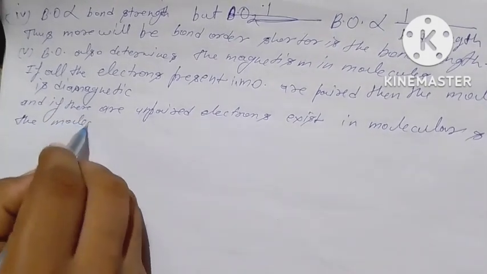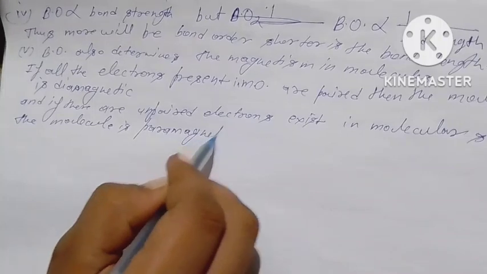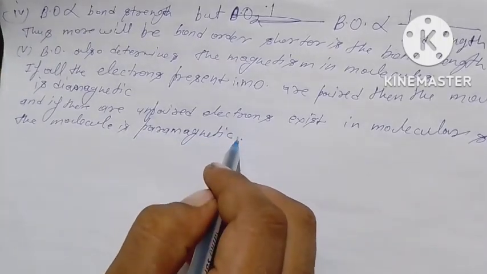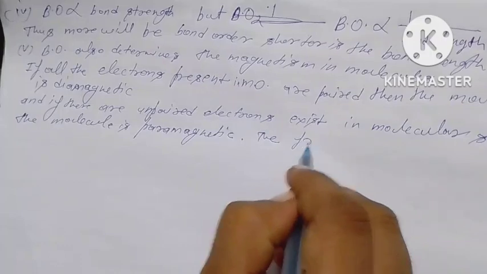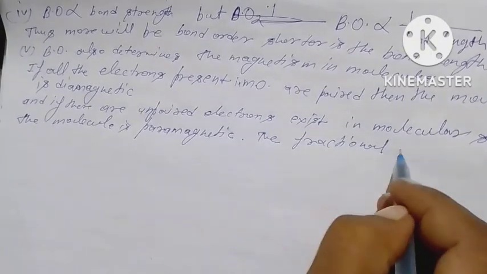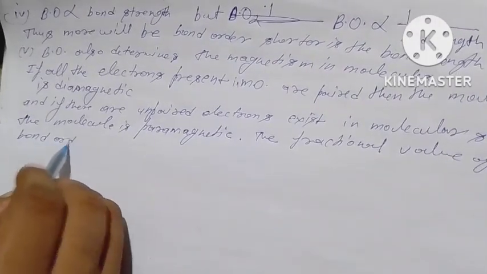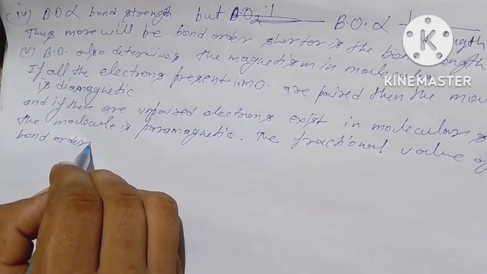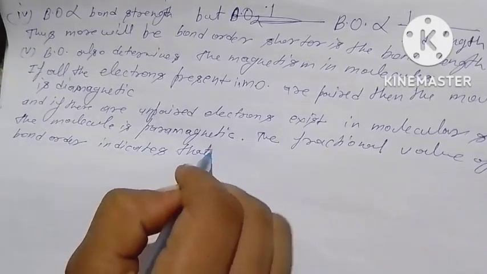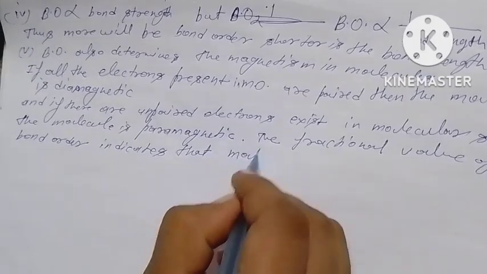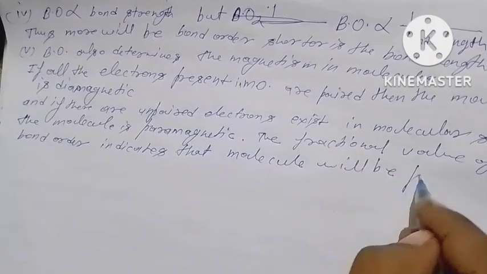A fractional value of bond order indicates that the molecule will be paramagnetic.